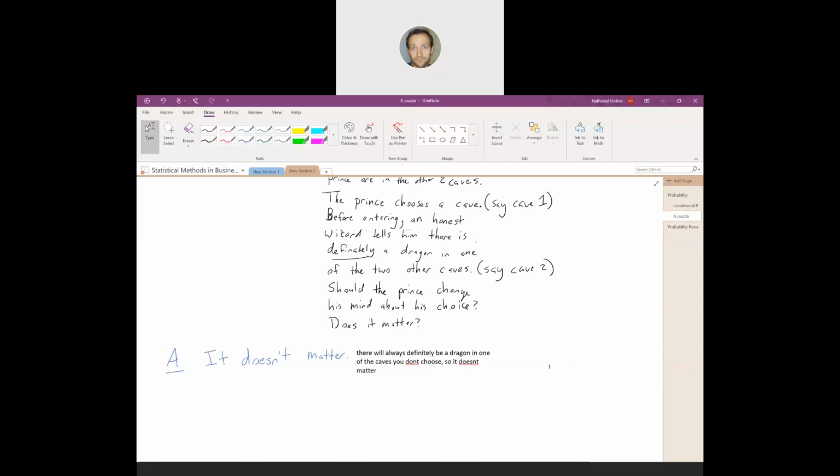And Asher, how about I pick you next, just because you sound like you're in agreement that it doesn't matter. Yeah, so with your scenario, you're saying he chose a cave and then the wizard tells him a cave that has the dragon? Right.